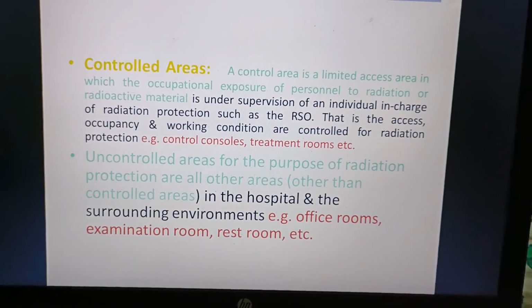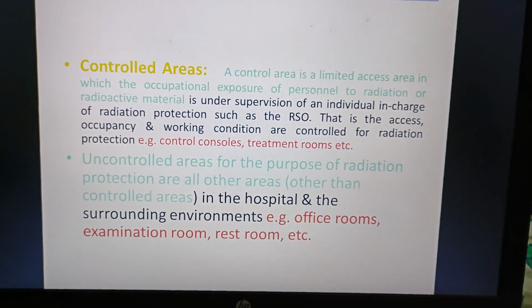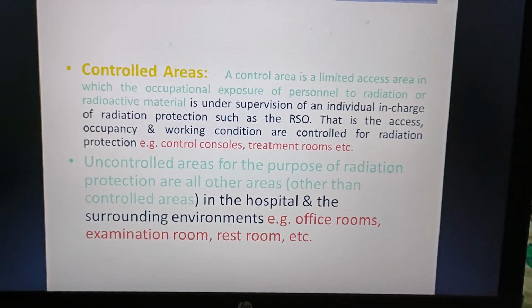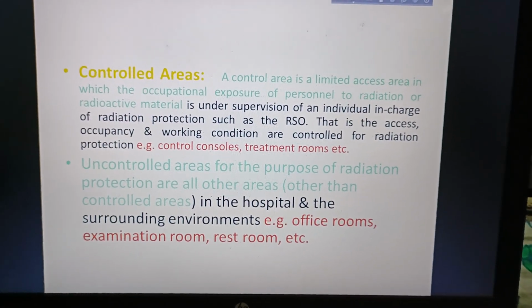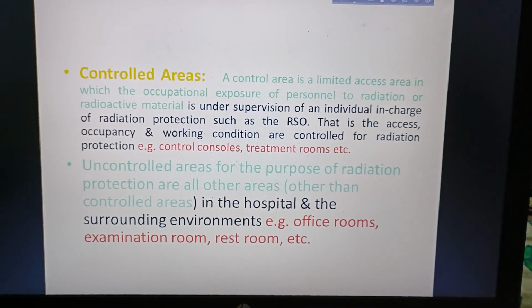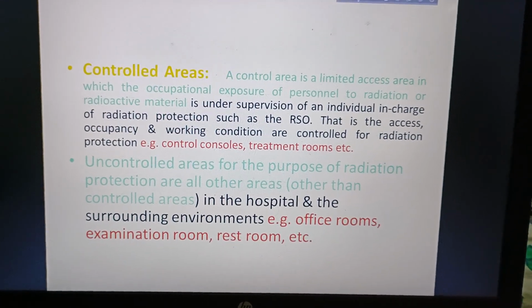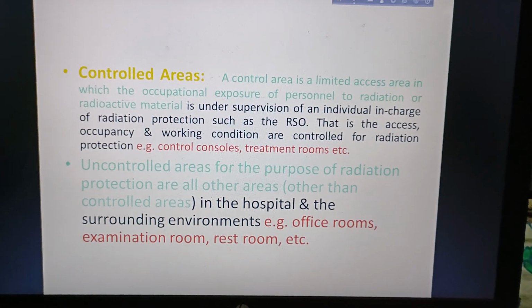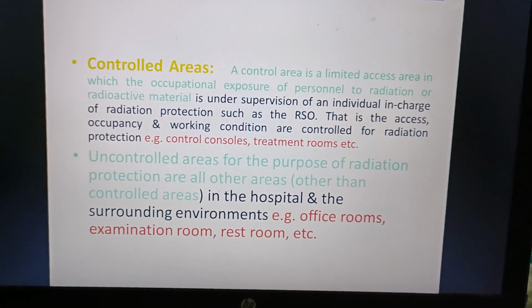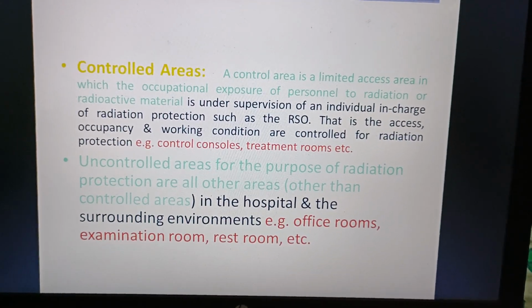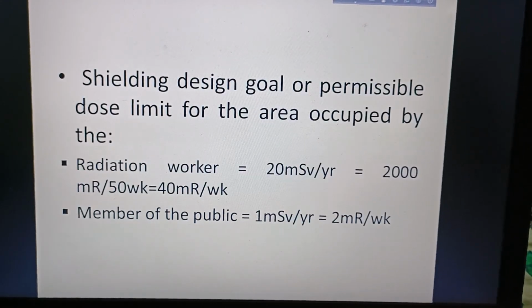Controlled areas are areas under the supervision of the RSO, Radiological Safety Officer. Uncontrolled areas are those other than the controlled area, such as office, restroom, examination room, and control room. The control console and treatment room are controlled, and the control room and others are uncontrolled rooms.